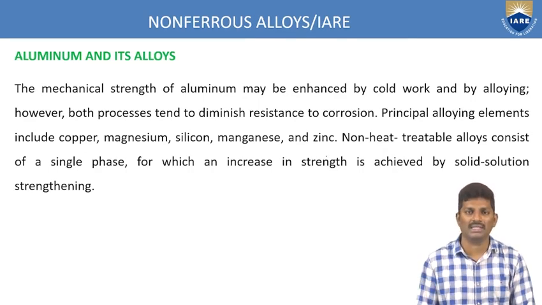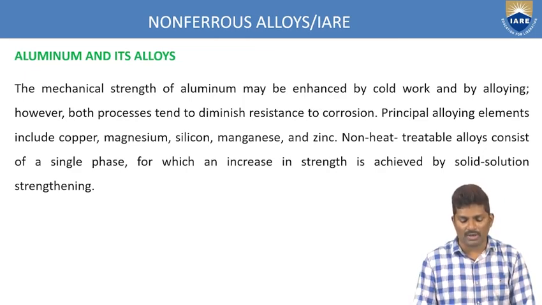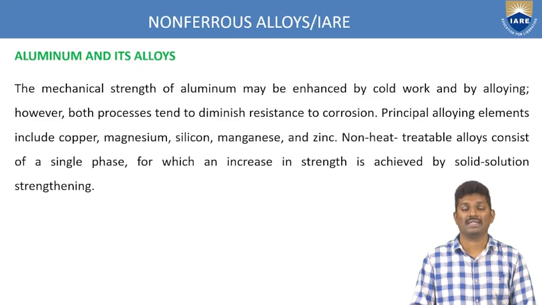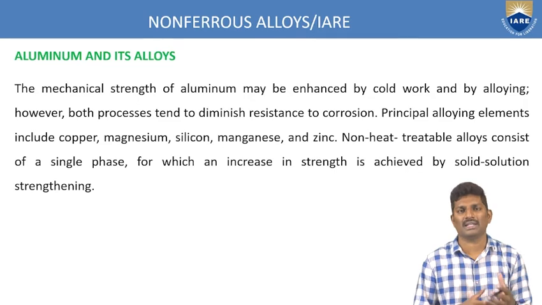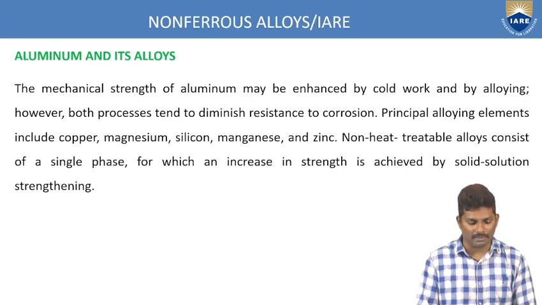So if you do these things with the cold working process, you can enhance the mechanical properties of aluminum and its alloys. And non-heat treatable alloys consist of a single phase for which an increase in strength is achieved by solid solution strengthening. So if you do the solid solution, then you can easily increase the strength of the aluminum.